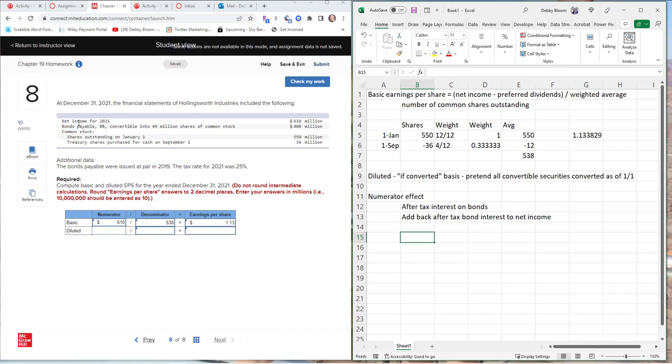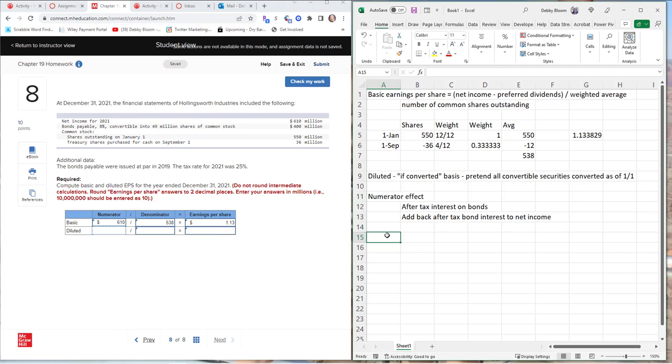So let's calculate that. So our bonds payable are 8%, and we were told that they were issued at par. So we were told that the bonds payable was issued at par in 2019, and the tax rate for 2021 was 25%.